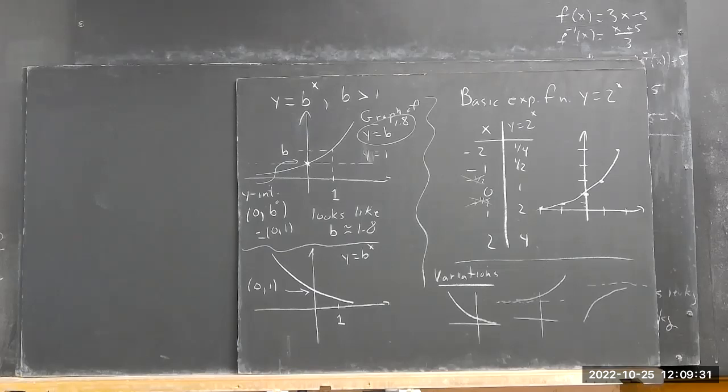You don't want to go too far because it'll be down there on the axis. b is certainly less than 1 here. See what the value is here. That tells you what b is.